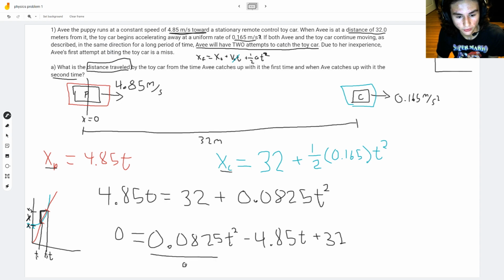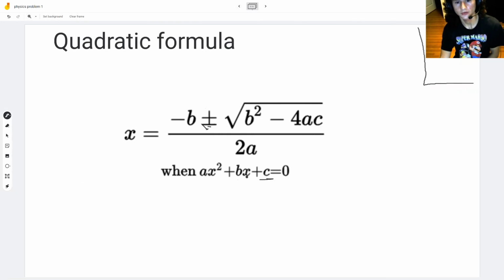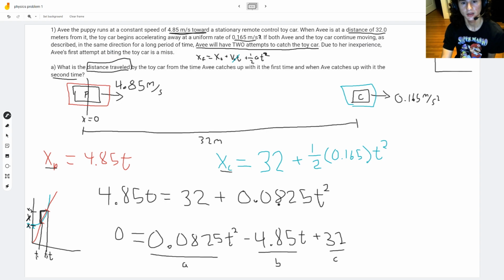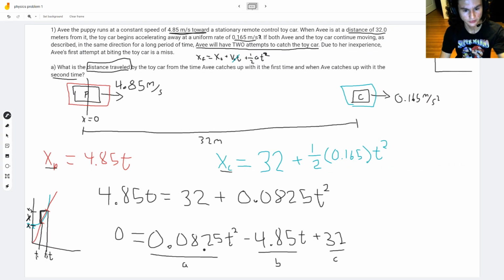So in the quadratic formula, you have value of a, value of b, and a value of c. So here is the quadratic formula. So we have a, b, and c. So once you plug in to the quadratic formula these three things and you solve it, you're going to get two values, which are going to be our values of time, t1 and t2.